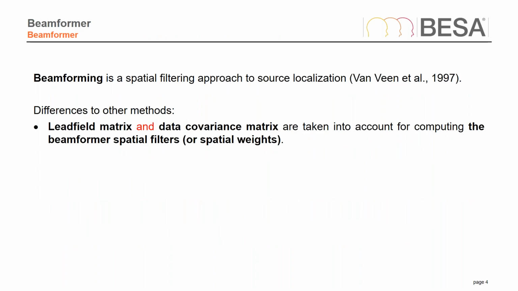Beamforming is a spatial filtering approach to source localization and was introduced to the field of MEG-EEG by Van Veen and others in 1997. Differences to other methods: the main thing is that not just the lead field matrix, but also the data covariance matrix is taken into account for computing the beamformer spatial filters, or the spatial weights.